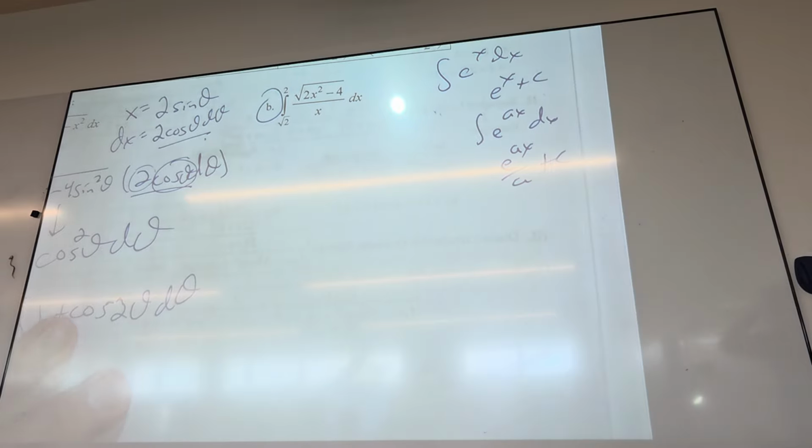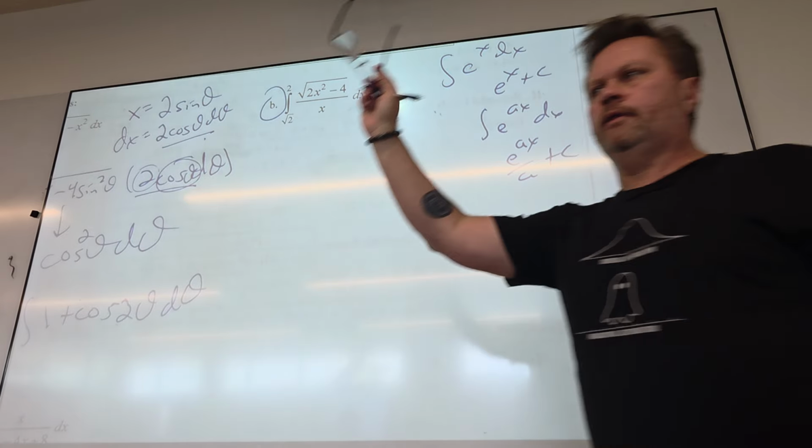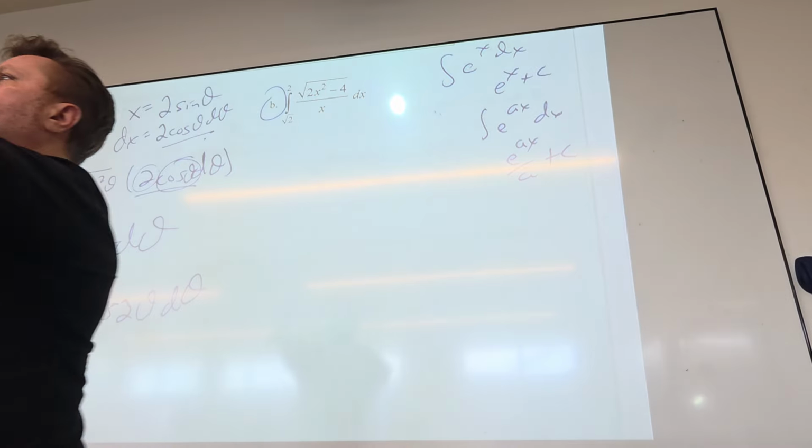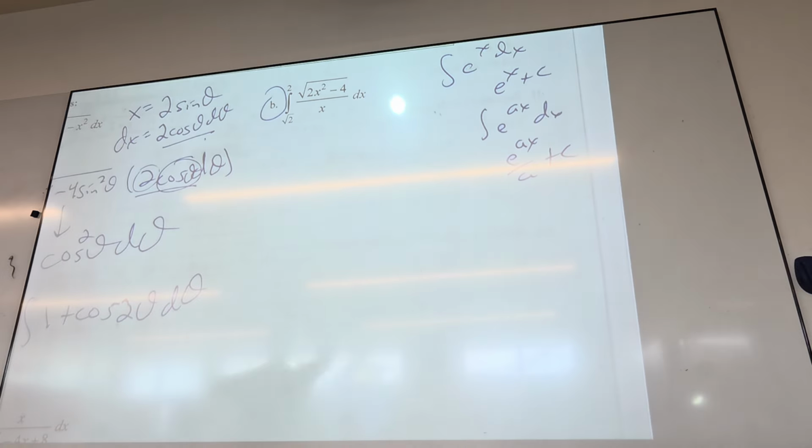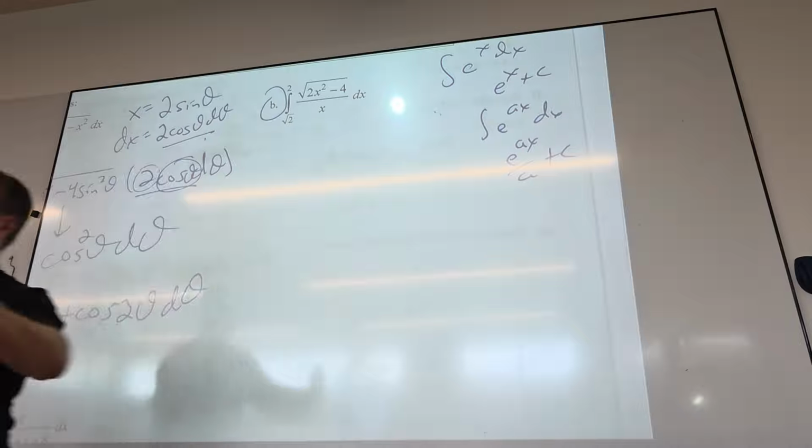Yes. If the inside is linear and the function is easy to integrate, I don't need u sub. I just have to kill the chain rule piece, the constant that wants to come out. If it isn't there, I've got to kill it, right?